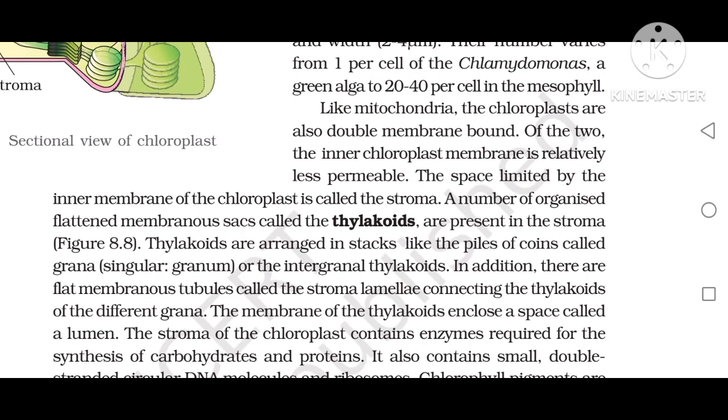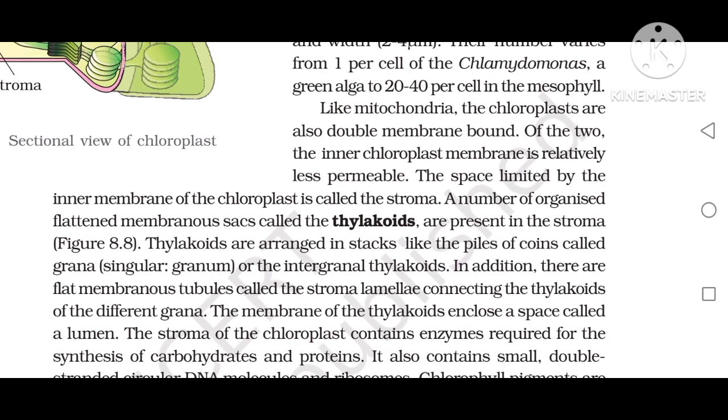Of the two, the inner chloroplast membrane is relatively less permeable. The space limited by the inner membrane of the chloroplast is called the stroma. A number of organized, flattened membranous sacs called thylakoids are present in the stroma. Figure 8.8.